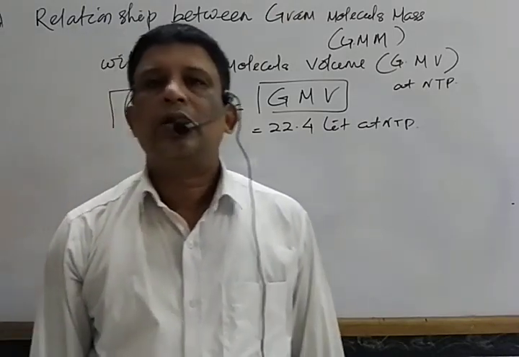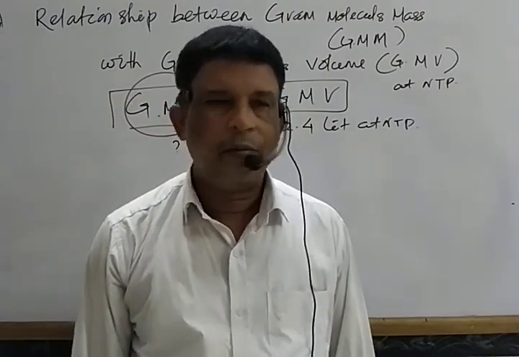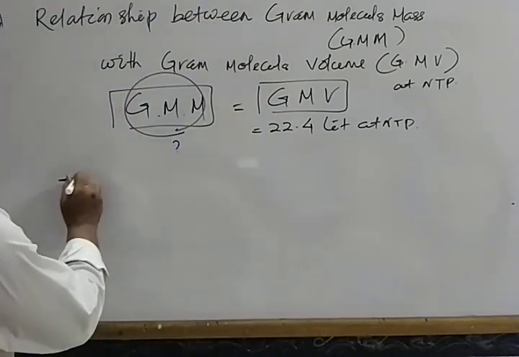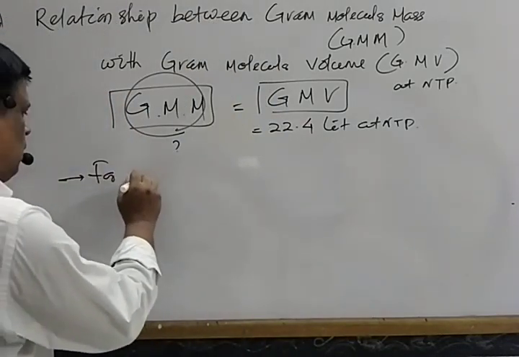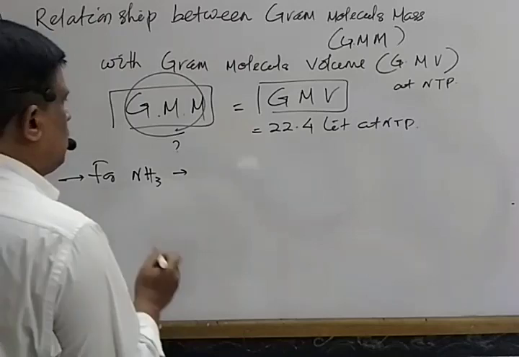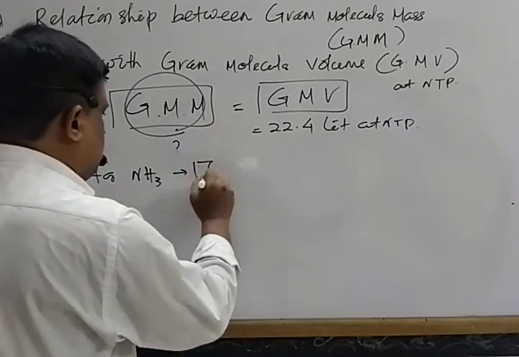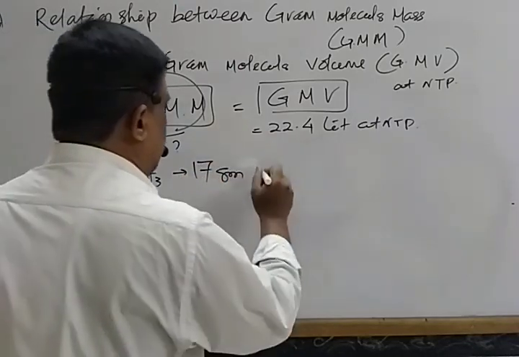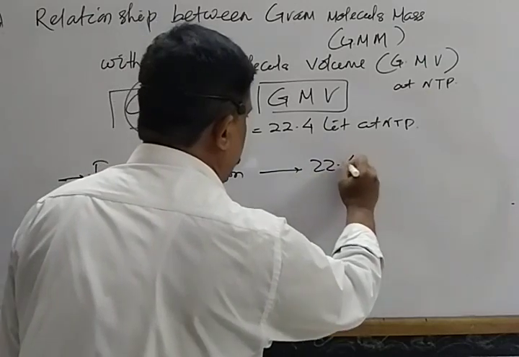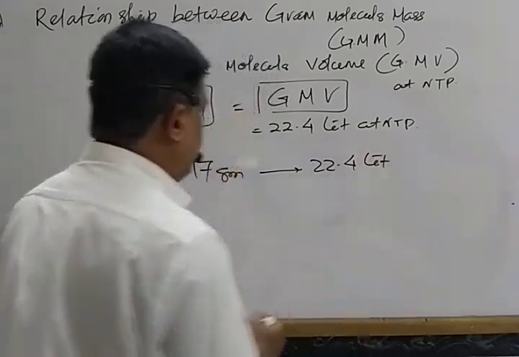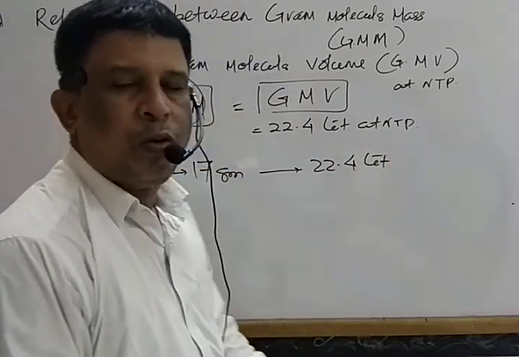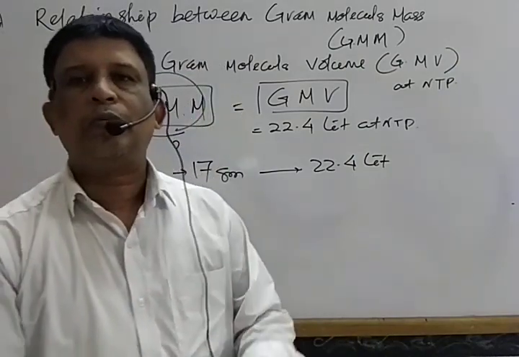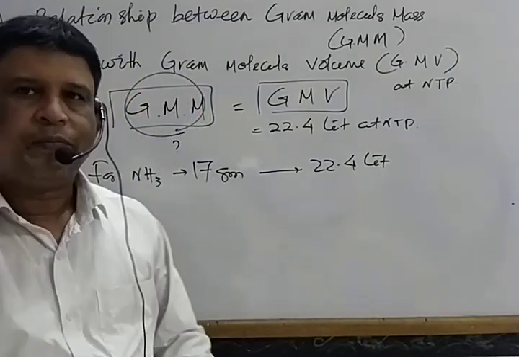First we select, suppose, NH3. So gram molecular mass is 17 gram and volume is fixed, that is 22.4 liter at NTP. So now this relationship is transferred to one statement.